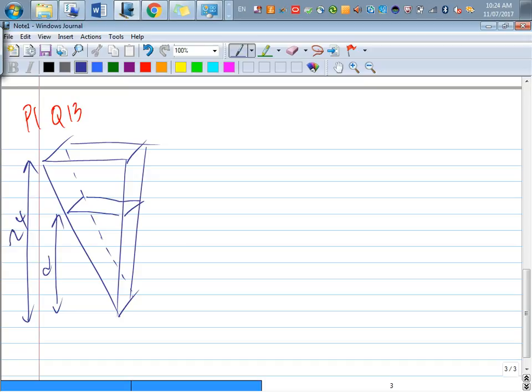Okay, so now, in this question, they ask us to find the value of t, the time taken when the depth is 12.